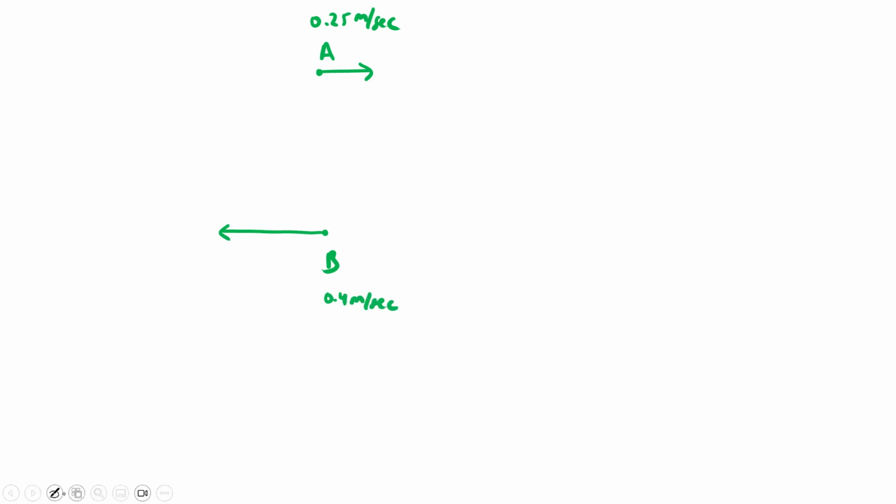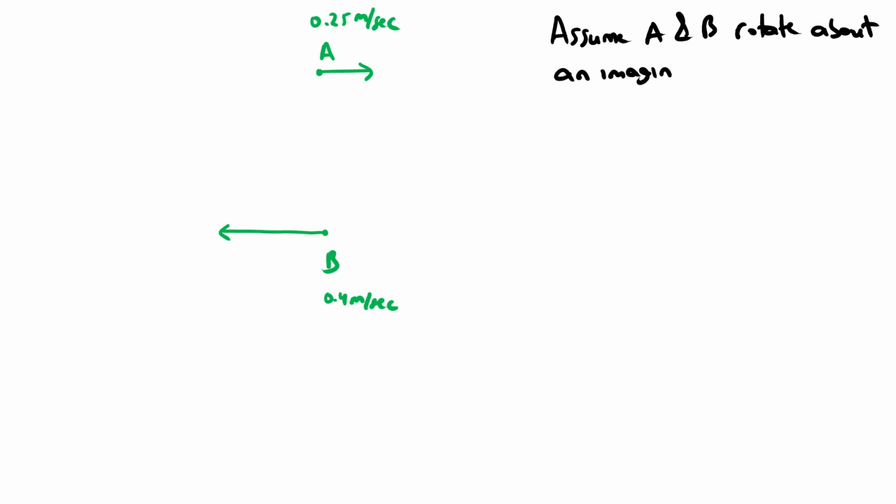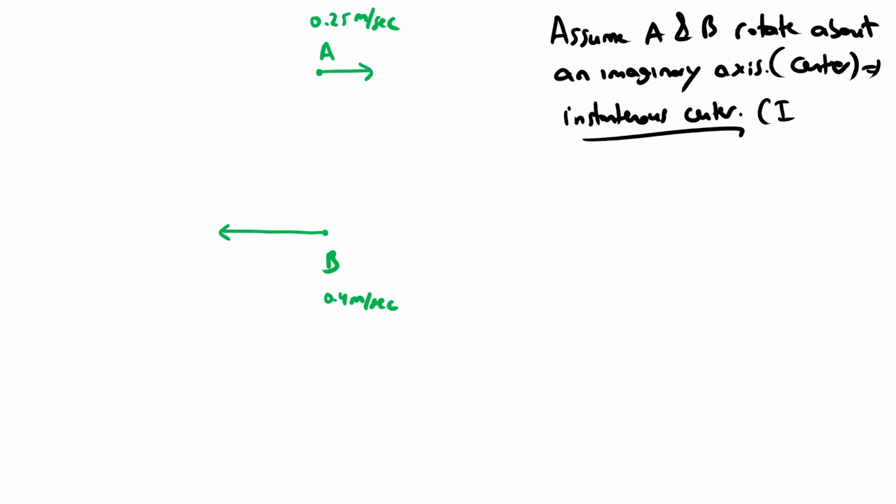And then we will assume that A and B rotate about an imaginary axis, or center, which we call the instantaneous center, IC. And then the question is, how do we find the location of IC?